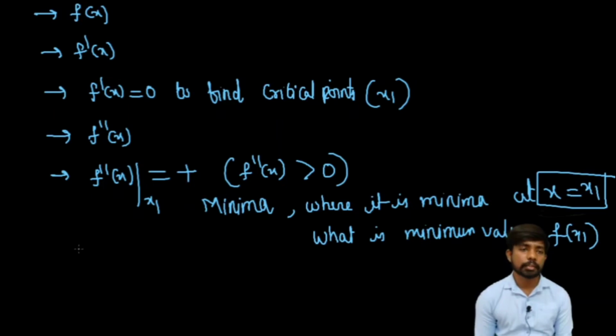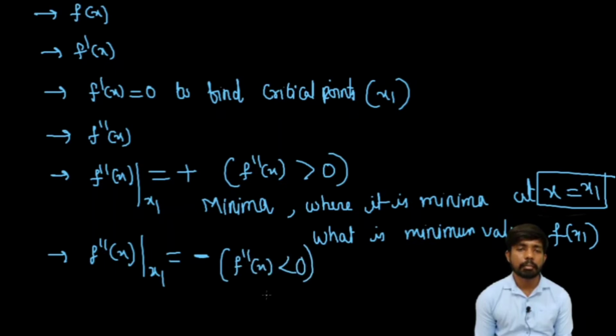Next, substitute the critical point in the double differentiation. If it comes out to be negative, then this condition is said to be maxima. At the same point, at x1 it is maxima.